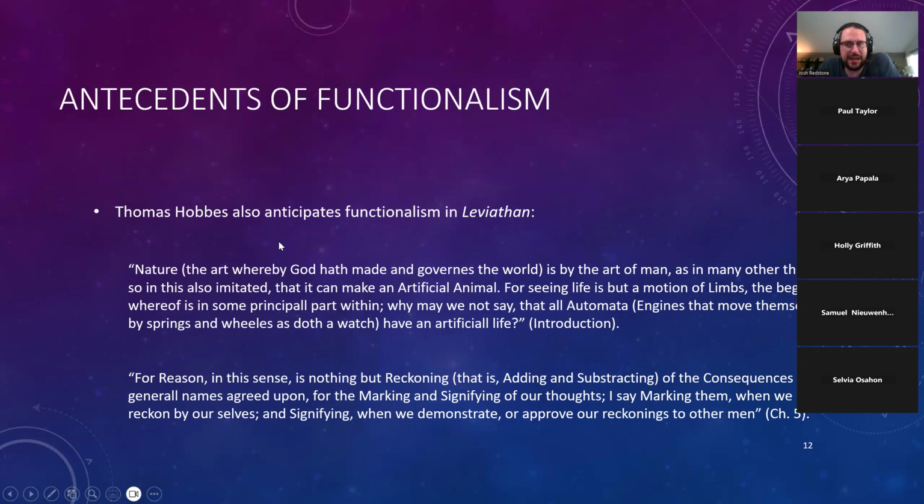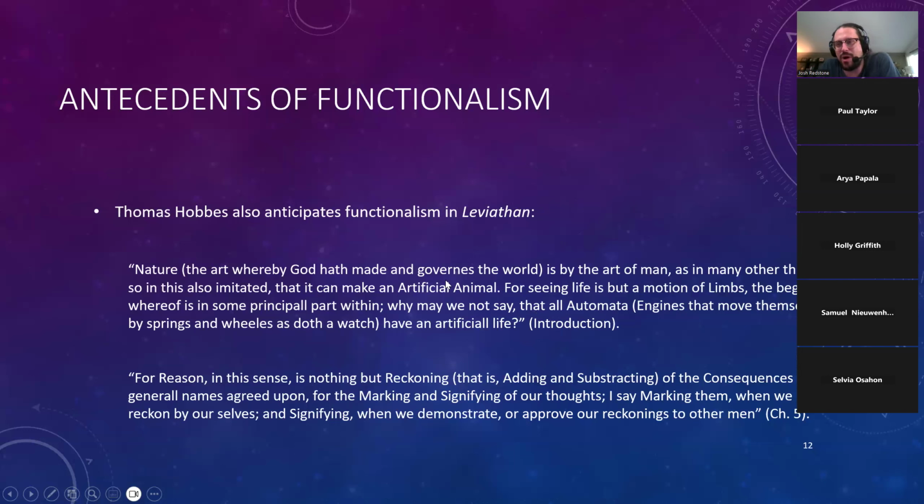But there is a similarity in that if life is just how stuff works, not what it's made of, then automata are alive in a certain sense. And we've made these living automata just as God has made us, right? So this is more about life.